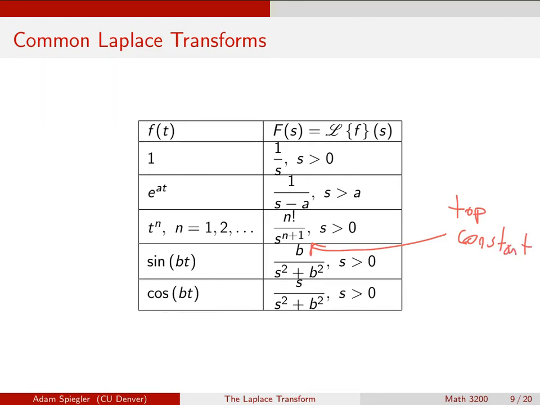And when we're doing the cosine, we still have the same denominator, s squared plus b squared, but now on top we have the variable, which is not constant, s is on top. So they look pretty similar, but that's a really big difference.